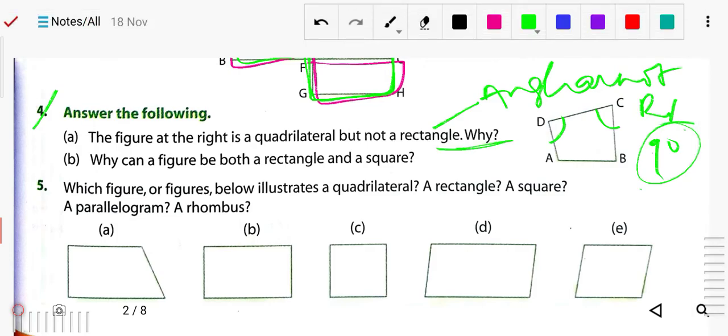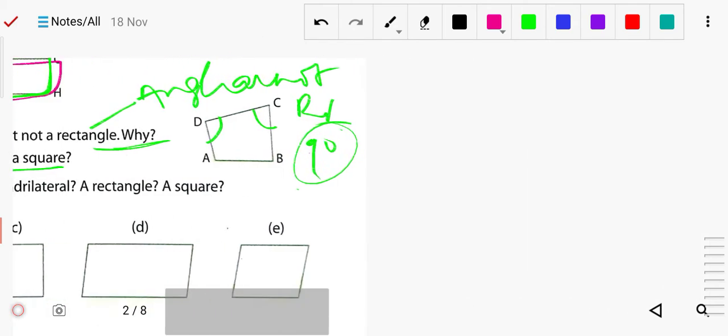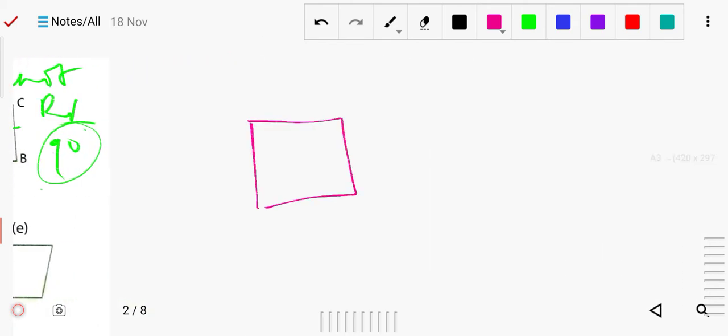Okay, got it. Now next, B. Why can a figure be both a rectangle and a square? By definition, a square is a rectangle whose all sides are equal. Those are squares, so they can also be rectangles.